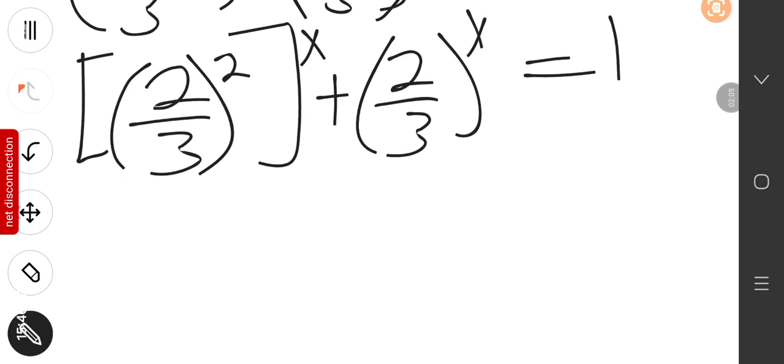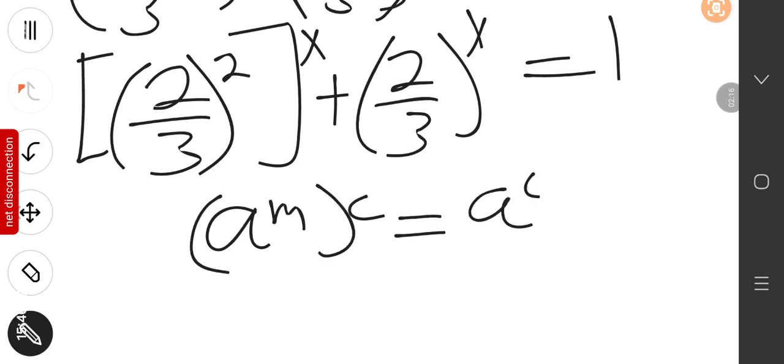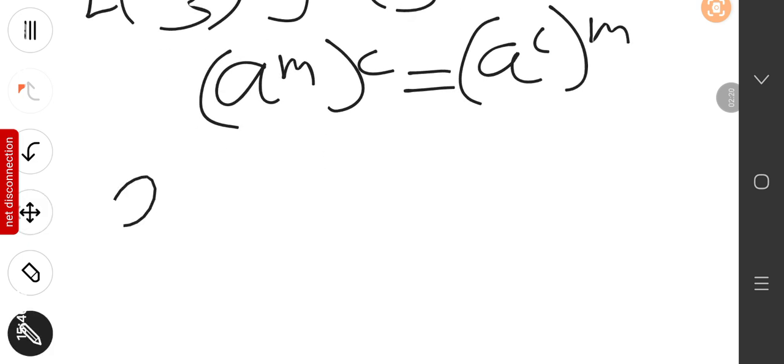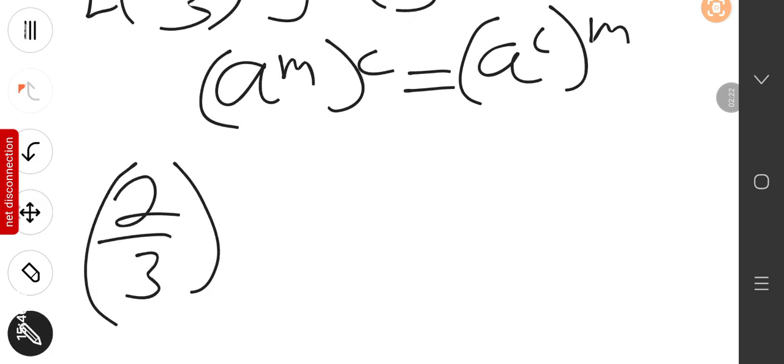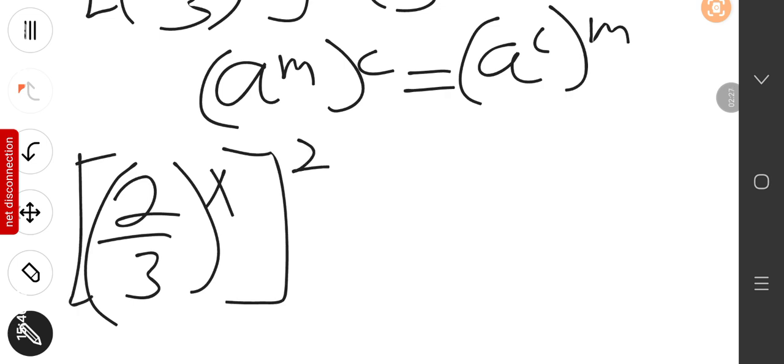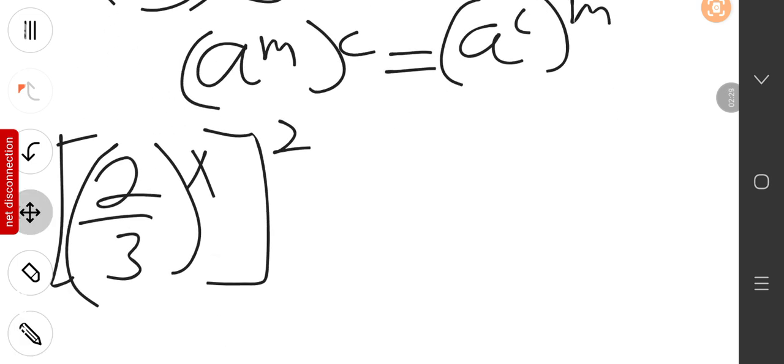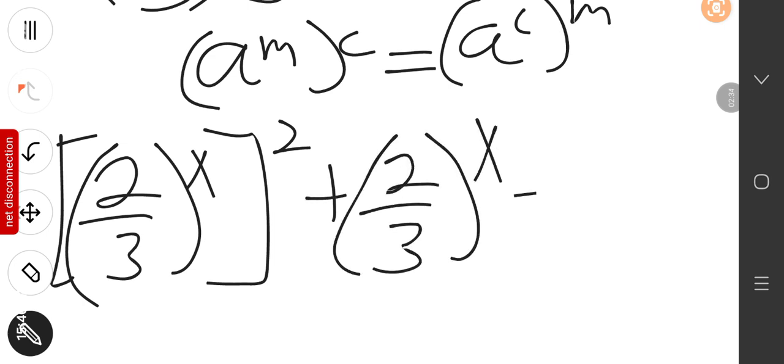All right, so you're going to apply the power of a power rule here, okay? So we say a exponent m times c should give us a exponent c times m. So we have 2 over 3 exponent x, okay, squared, okay, plus 2 over 3 exponent x equals 1.